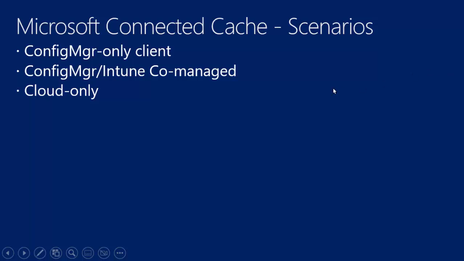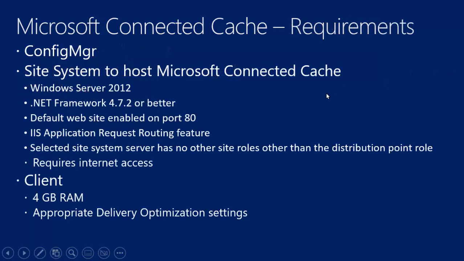All right. So what are the requirements for setting this up? If you're going to be implementing this through ConfigMgr, you kind of need to have ConfigMgr in order to implement it, right? You need a site system that's going to host your Microsoft Connected Cache. This can be a Server 2012 or better. We list the details here.